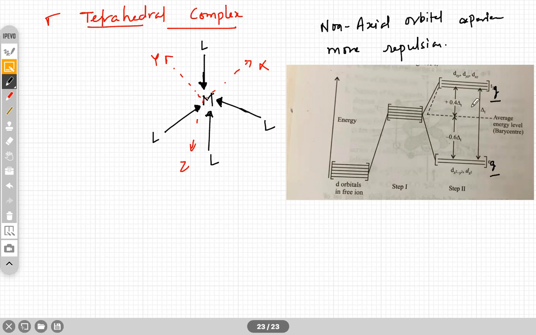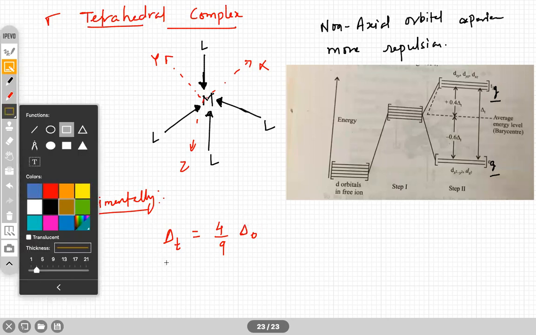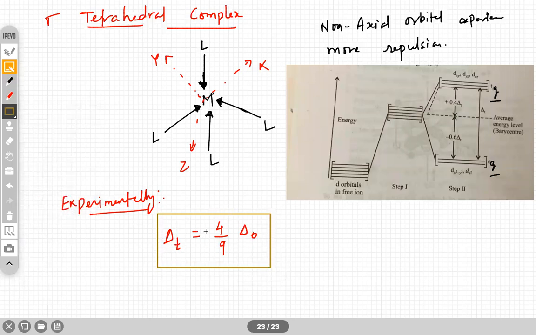Now the splitting here is given as delta T. You see, T stands for tetrahedral. This is delta T. There is a relation between delta O and delta T, and this relation is established experimentally. The relation is delta T for tetrahedral is equal to 4 by 9 times delta O. This is experimentally determined, no proof, nothing.